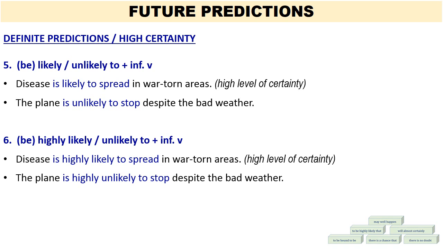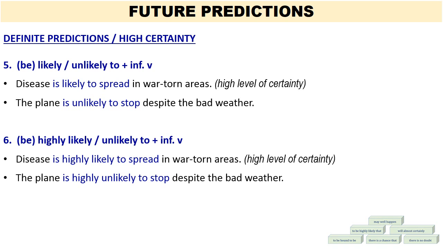Just like before, if we'd like to increase the level of certainty about a prediction, we can use an adverb like highly. Number 6, for example, using the verb to be plus highly likely or highly unlikely to plus the infinitive form of the verb.